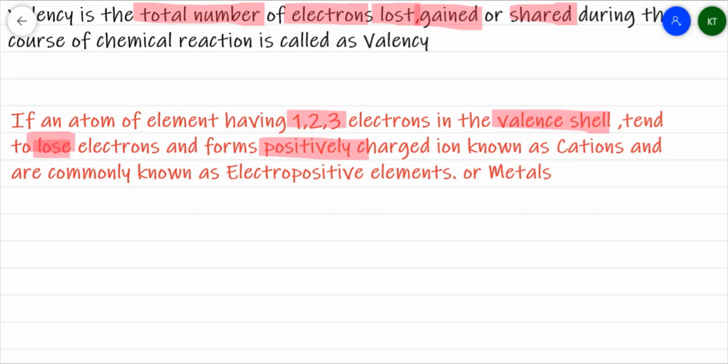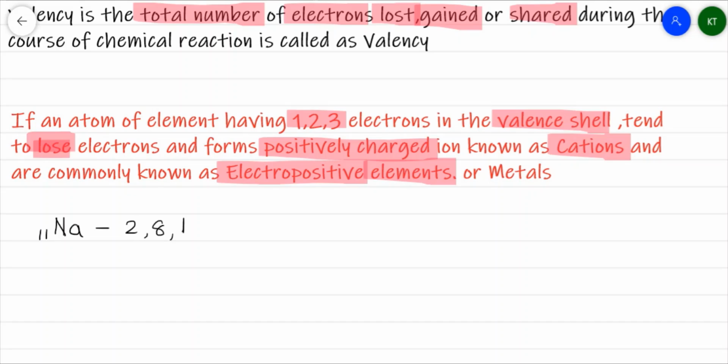It forms a positively charged ion, that is known as a cation, and I commonly refer to myself as an electropositive element or metal. As earlier, I'm taking sodium, atomic number 11, electronic configuration 2, 8, 1.